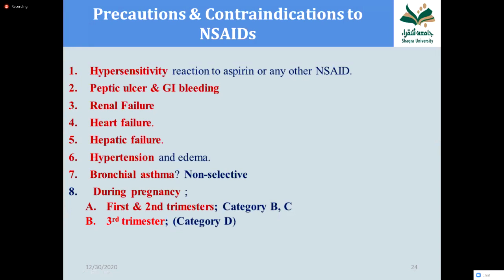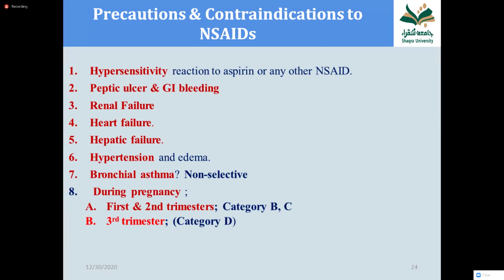And bronchial asthma is generally seen with non-selective because most of the arachidonic acid is converted into leukotrienes, and it may precipitate asthma in the patients. During pregnancy, in the first and second trimester, as we have already seen, these are classified under category B and C, and in the third trimester, they are categorized under D.